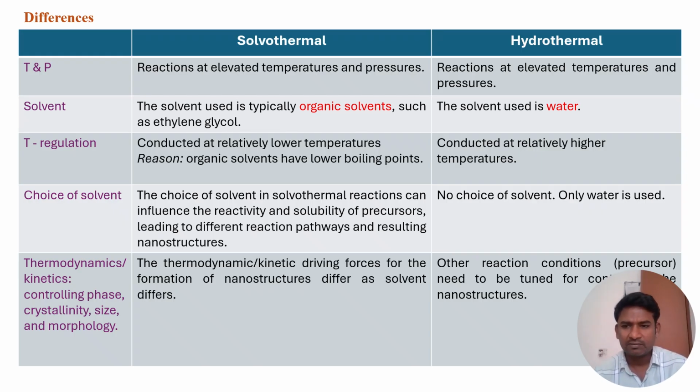For example, the boiling point of water is 100, so we can even heat the reaction above 100, no problem. And for thermodynamics and kinetics, by controlling the phase, crystallinity, size and morphology, we can control the properties. The thermodynamics and kinetics are the driving forces for the formation of nanostructures that differ as the solvent differs. Here in hydrothermal, other reaction conditions and precursors need to be tuned so as to obtain the desirable nanostructures.